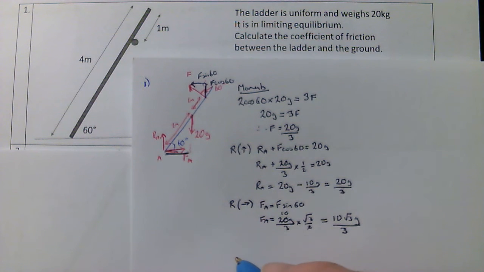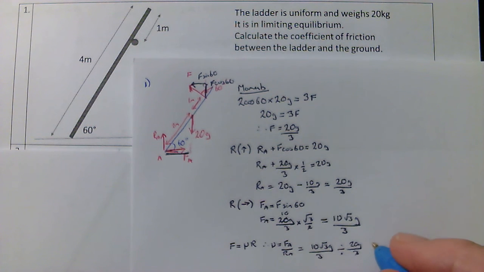Now, I know that F equals mu R, therefore mu is equal to Fa, this friction at A, divided by RA, which is 10 root 3 g on 3 divided by my reaction force at A, 20g over 3, which gives me 10 root 3 g on 3 times by 3 over 20g. You should see here there's lots of nice cancelling out to be done.